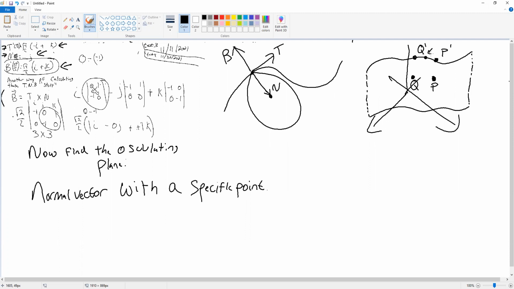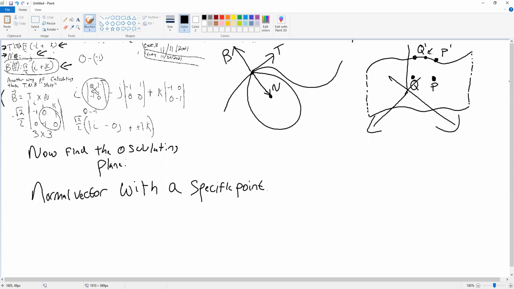So how do you suppose we do that? You could find a point and find the value of B at that point, and then write it the way we've written planes before with the vector. If you have the equation of the line and find a point on that line, you can probably figure it out.